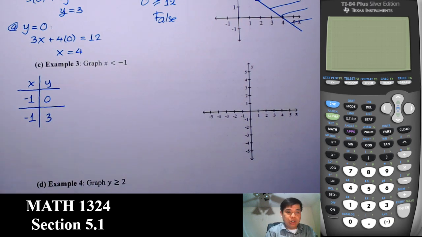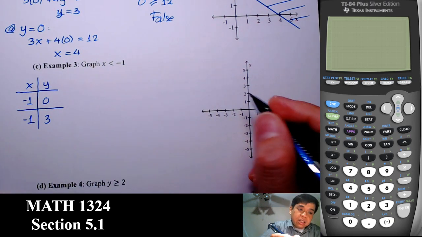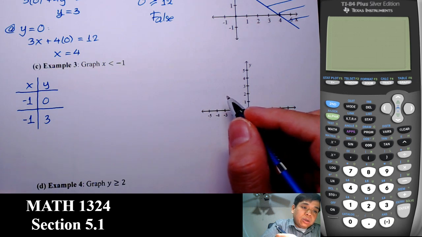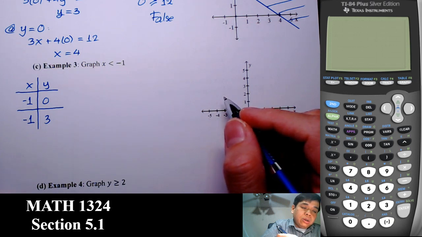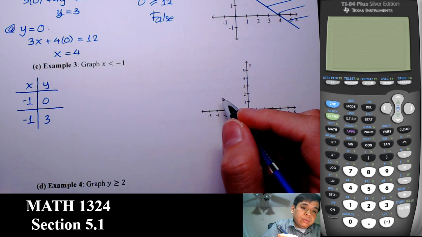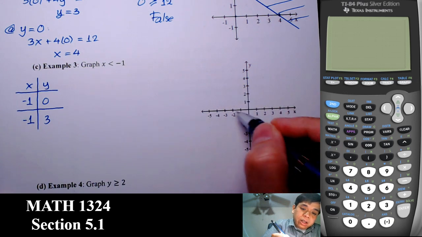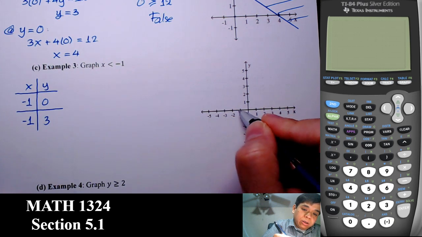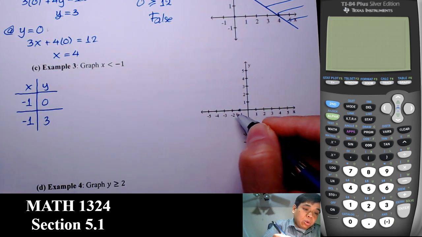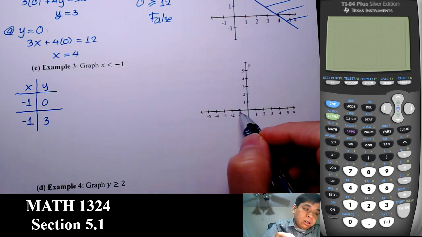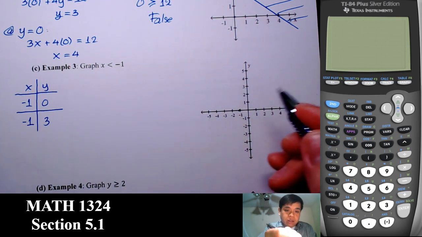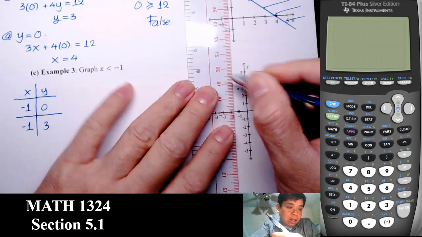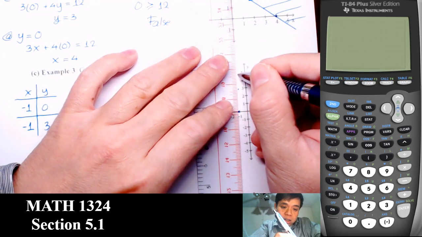So we choose x equal to -1, y equal to 0, and x equal to -1, y equal to 3. So this is a vertical line, and no equal sign.